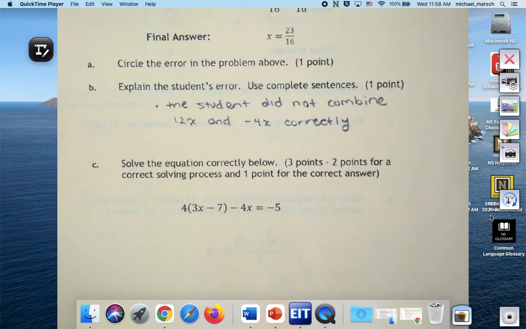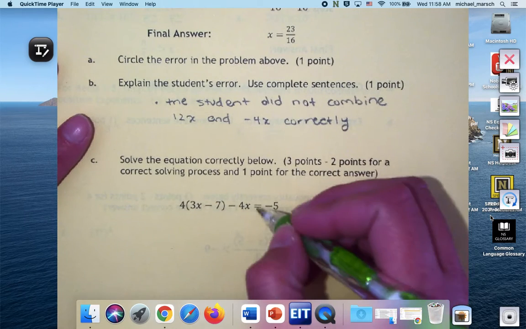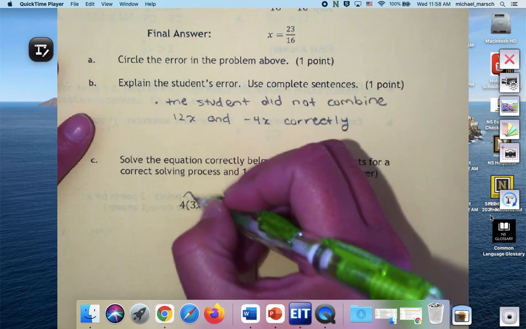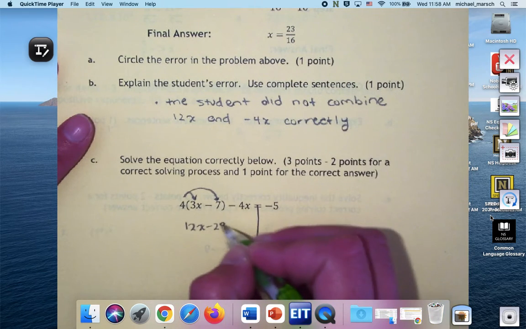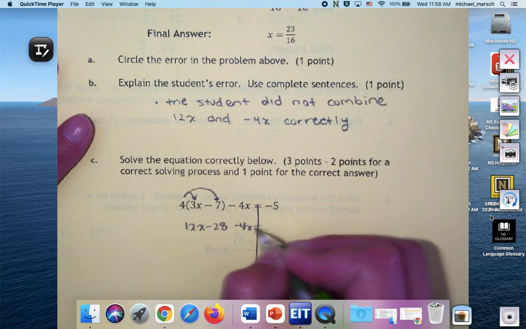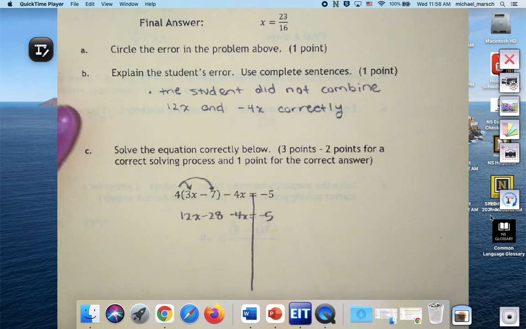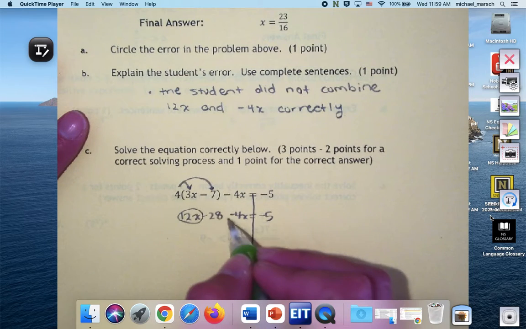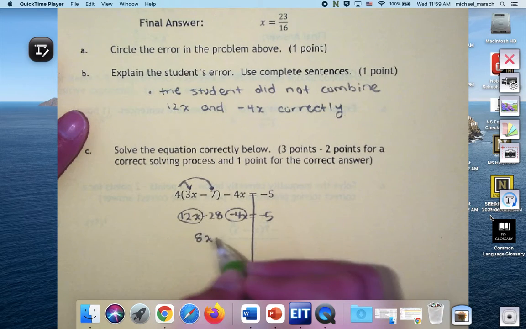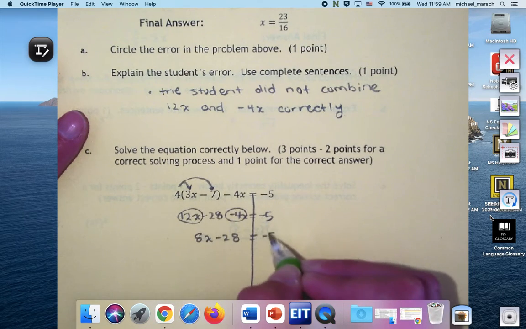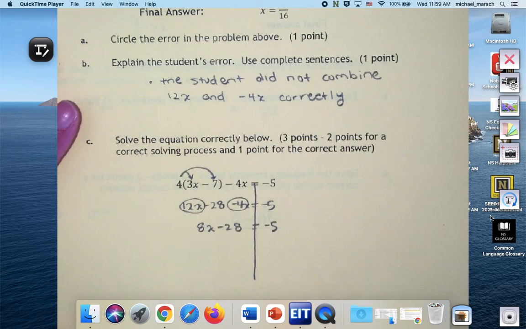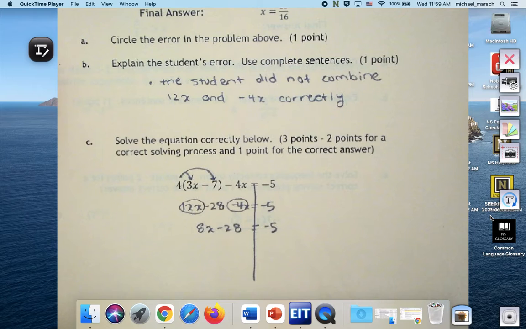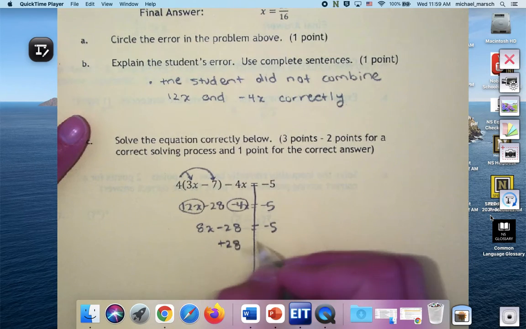All right, so now let's solve this correctly. It's a super ugly answer, but we'll go through it. I'm going to distribute the 4. And then I'm going to do the correct way of combining like terms. Then I'm going to add 28 to both sides.